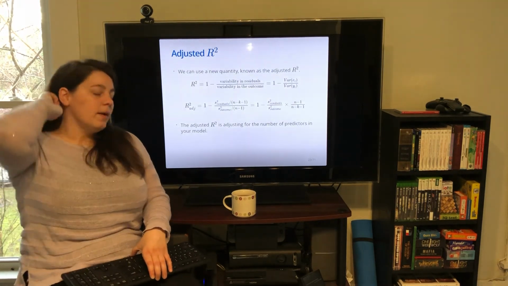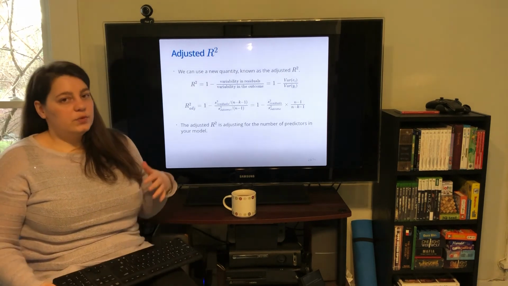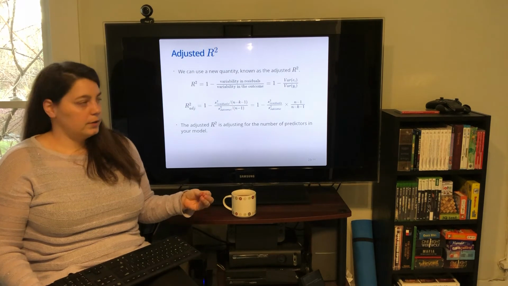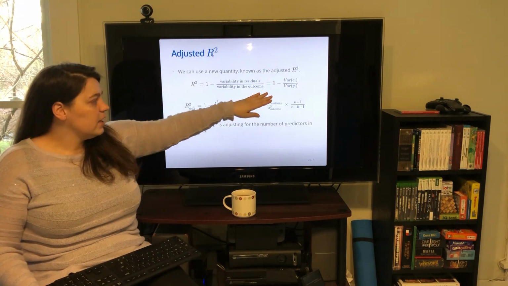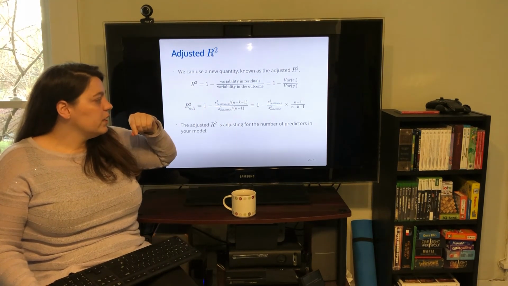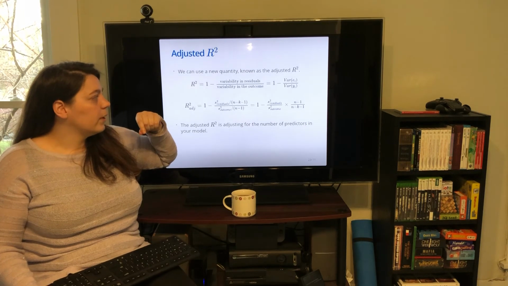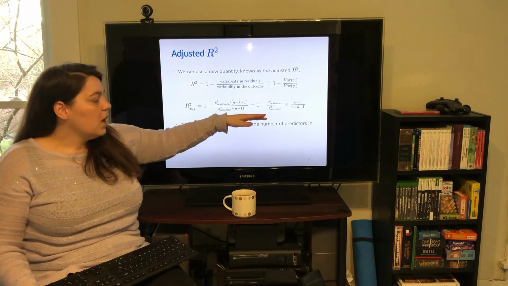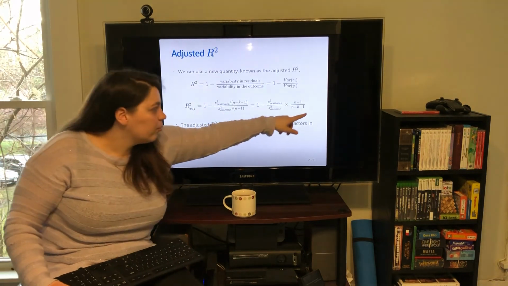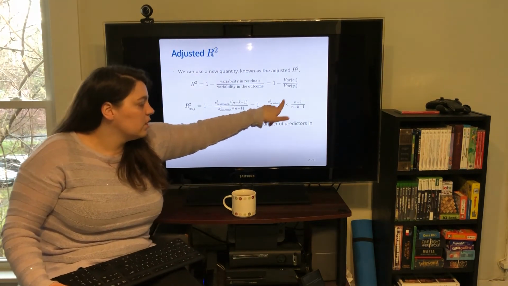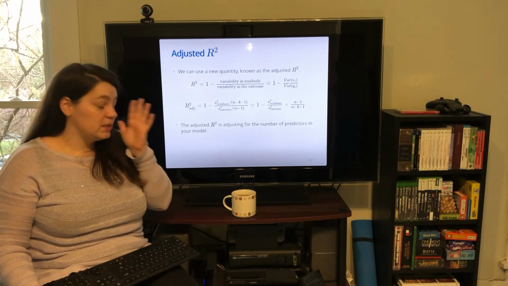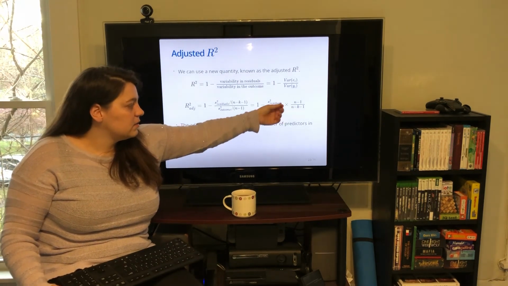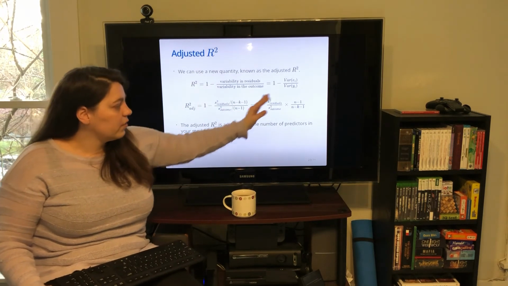So what we do is use a new quantity, the adjusted R squared. I have the formula here, but basically what you need to know is that adjusted R squared adjusts for the number of predictors in the model. You can see over here, the k is the number of predictors. So if k is getting big, this denominator is going to get big and this whole thing will shrink.